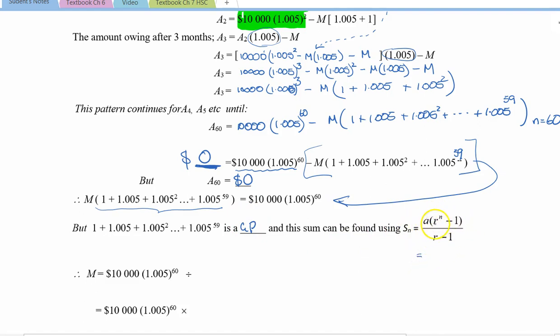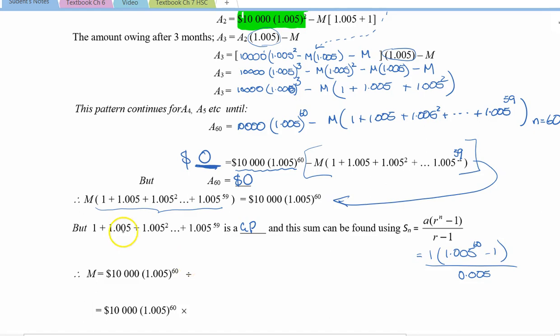Maths is all about equations and formulas, where A is 1, R is 1.005, N, there were 60 terms, remember, minus 1, all over r minus 1, which is 1.005 minus 1, it's 0.005.